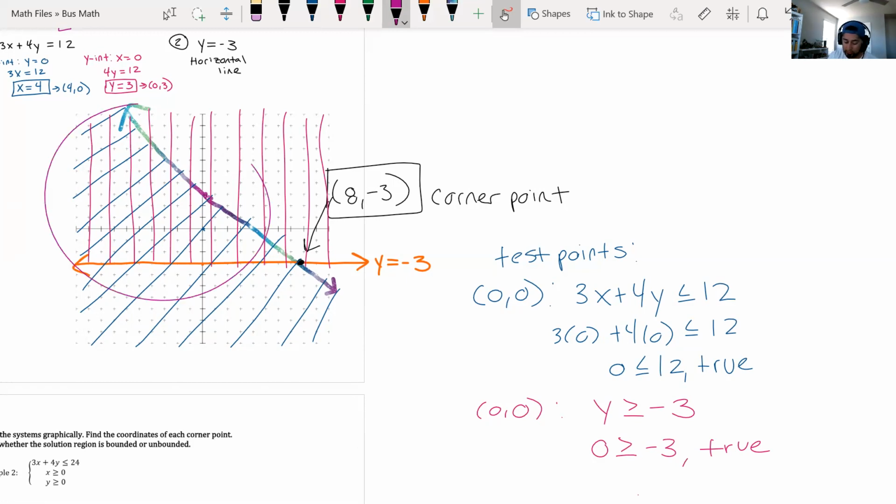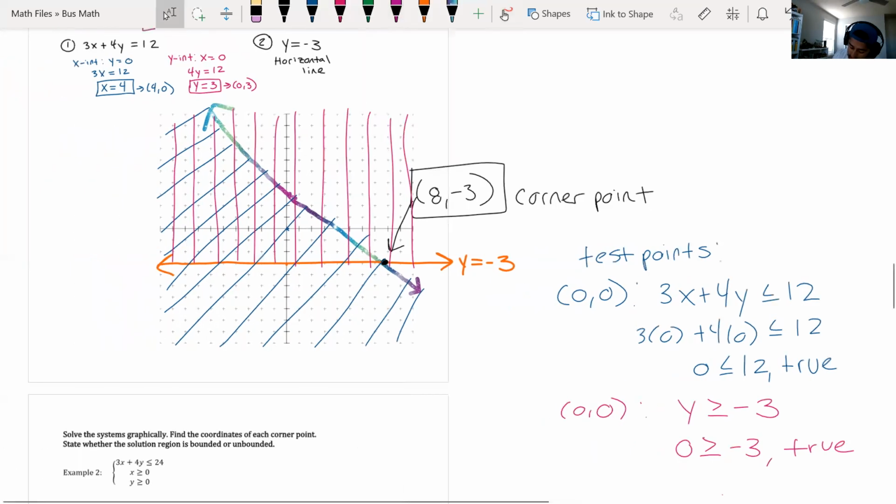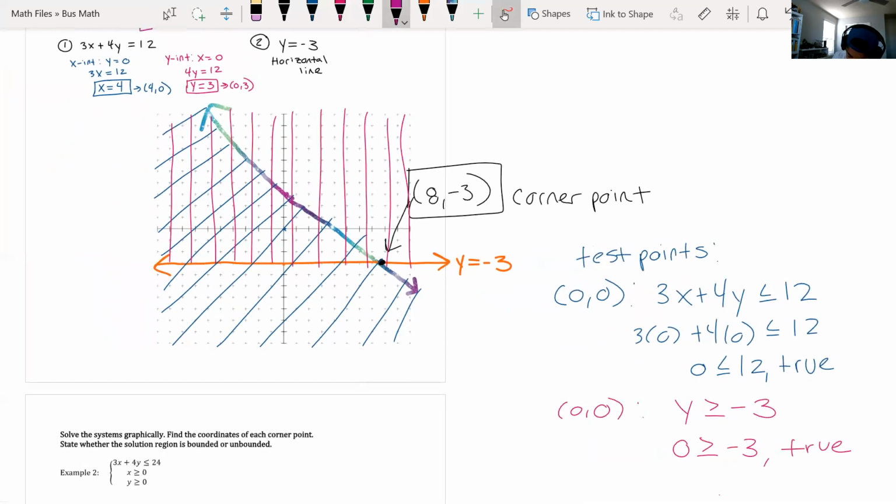I cannot draw a circle around these because these shadings continue forever. So what we have to say here is that our solution region is unbounded.